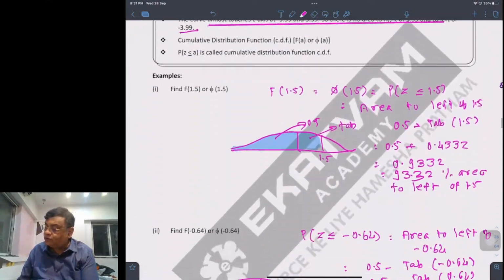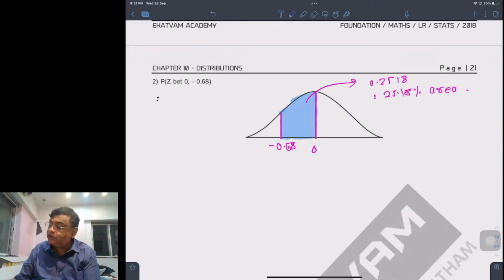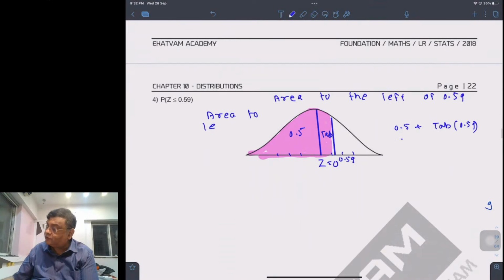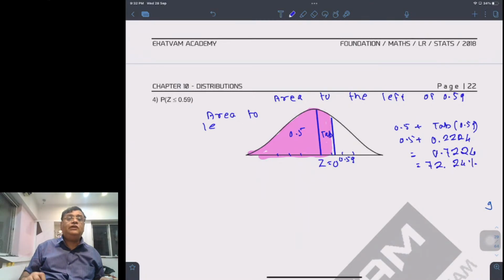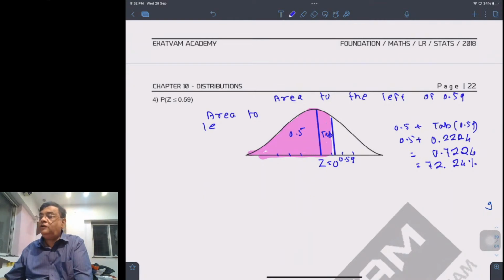Now this is going to be 0.5 plus 0.2224, which comes to be 0.7224. Now 0.7224 is nothing but 72.24% area. So the conclusion is that 72.24% area is to the left of that value, which is 0.59.